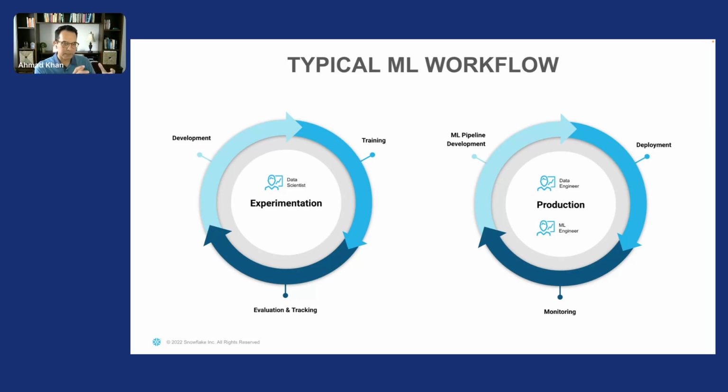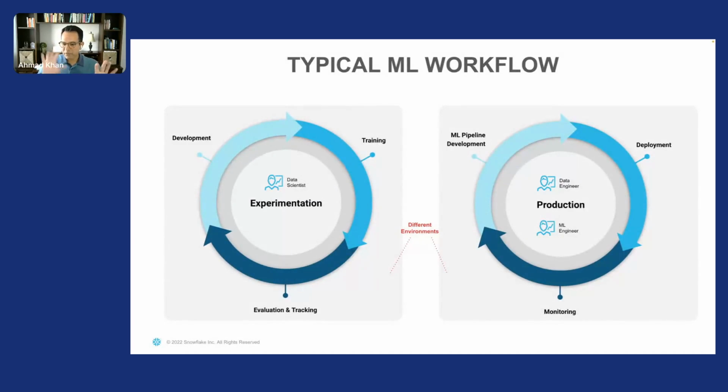The data scientist will start with the experimentation, and then once they find some insights and the experiment is successful, they hand over the baton to data engineers and ML engineers that help them put these models into production.